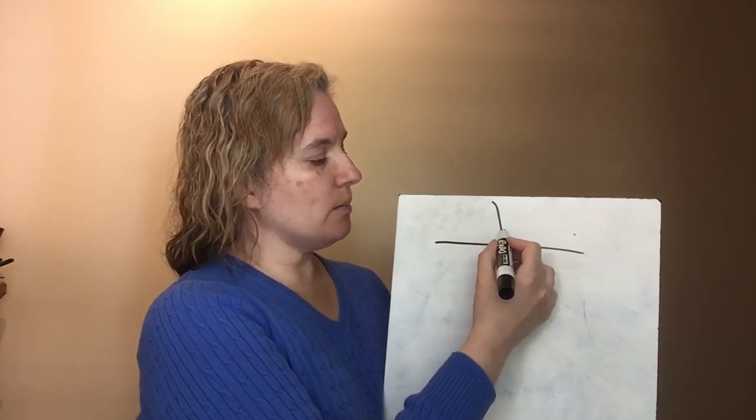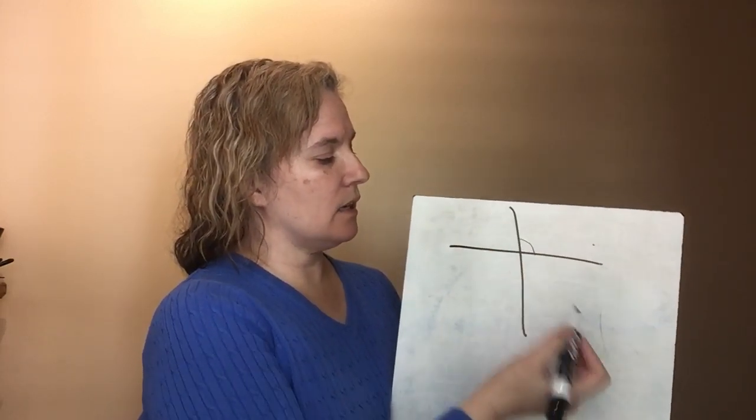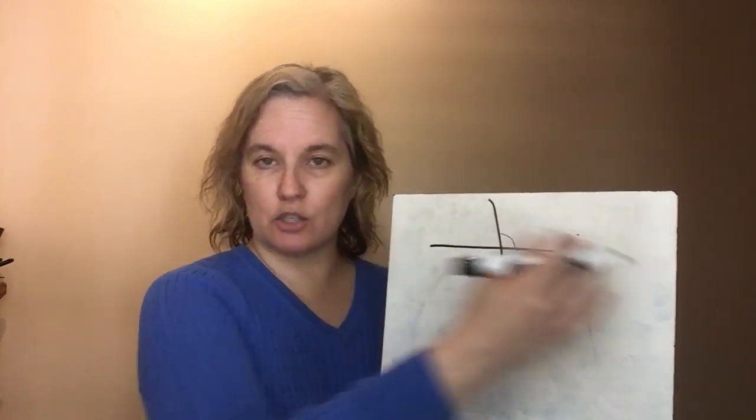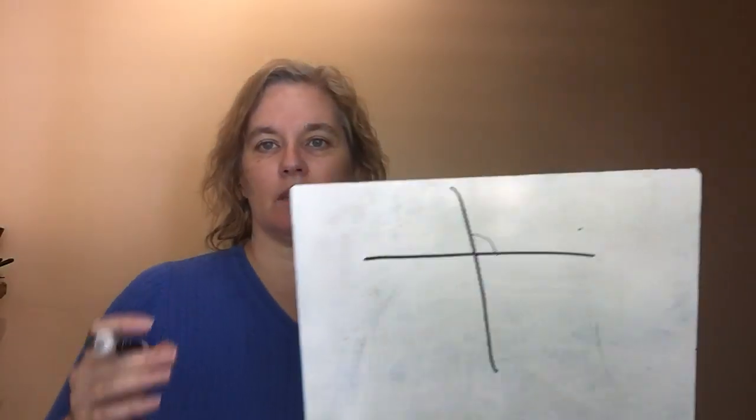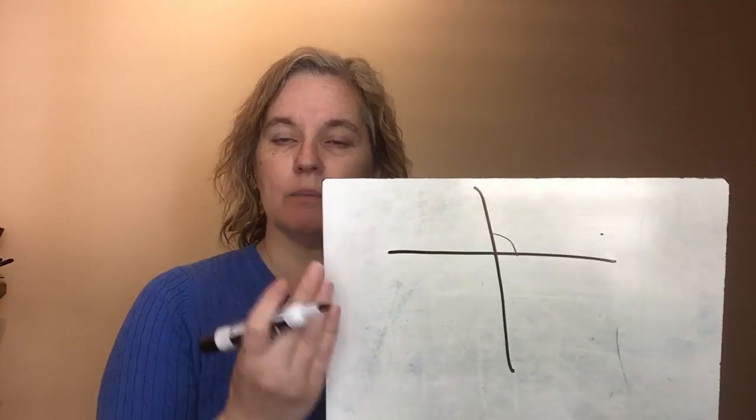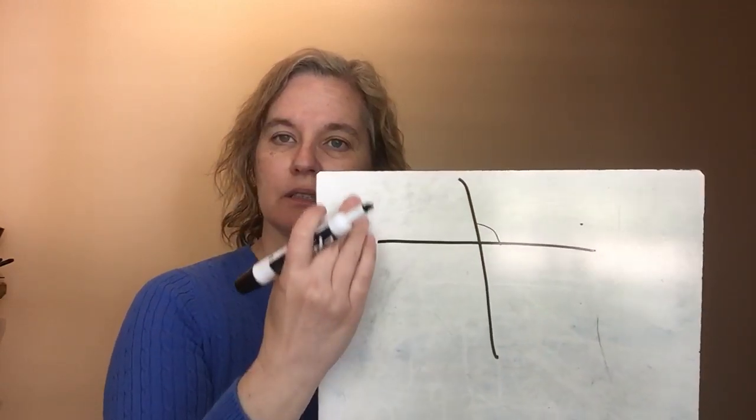All a right angle means is that it's a straight line up and a straight line across. And you see them all over the place. This board has a right angle. You see it all over the place in homes because you want right angles. Those make nice, straight, strong lines.